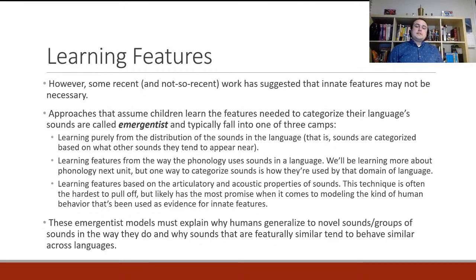So these emergentist models have a lot of explaining to do. They have to explain why humans generalize to novel sounds and groups of sounds in the way that they do. So they have to explain the Bach test and that other more recent research that seems to suggest features are needed. But then they also have to explain why sounds that are featurally similar tend to behave similarly across languages, right?